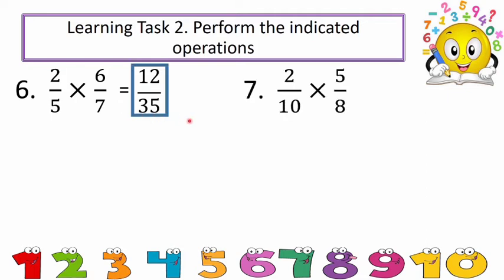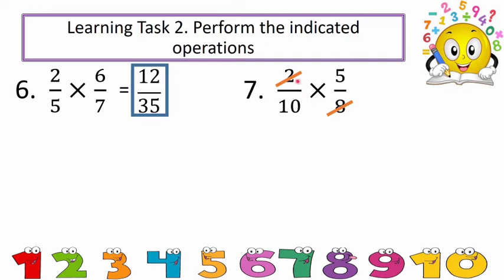Example number 7. So we have 2 over 10 times 5 over 8. We can use the cancellation method in this particular example. But remember that for this method, we only cancel one number in the numerator and one in the denominator. So we can cancel 2 and 8 because they are both divisible by 2.